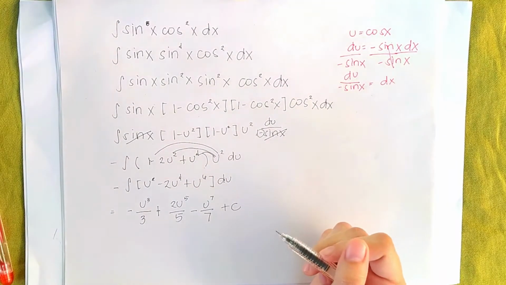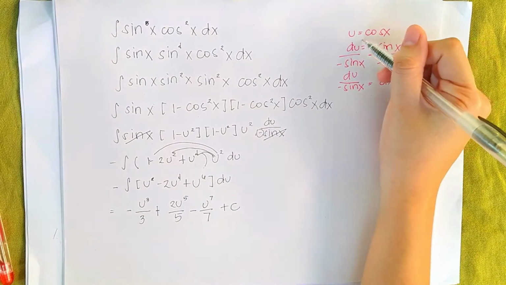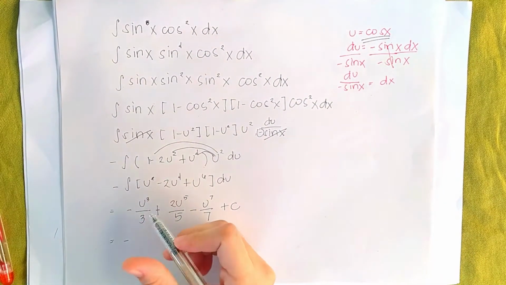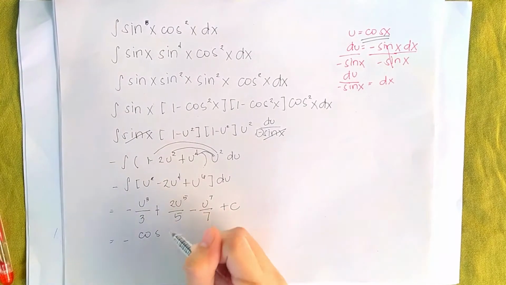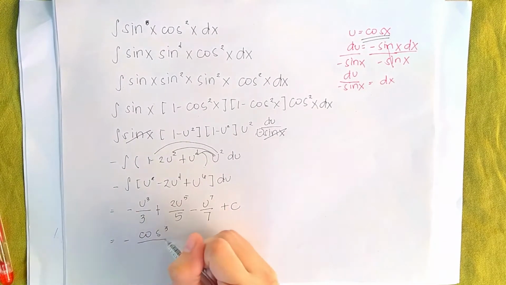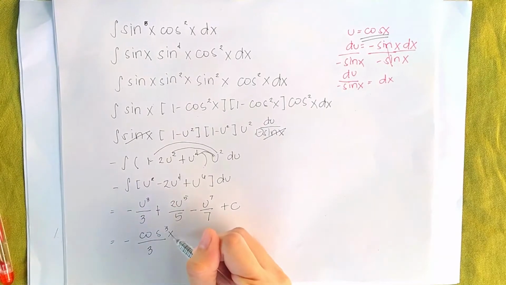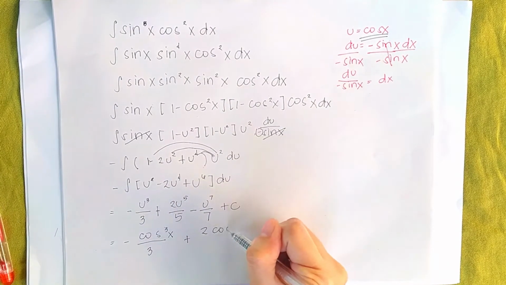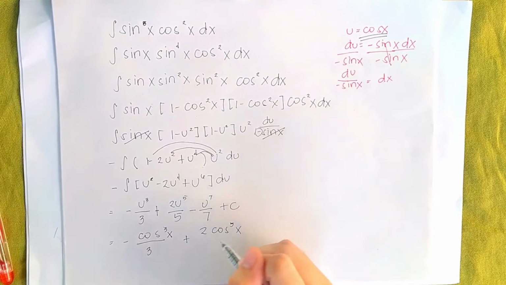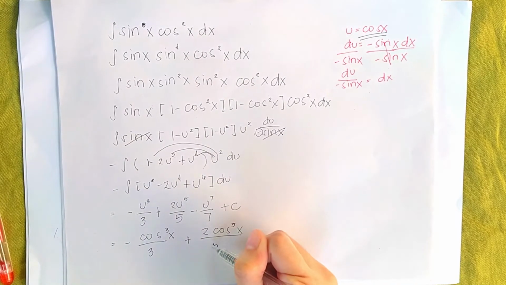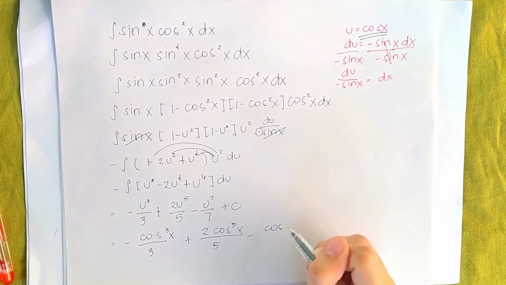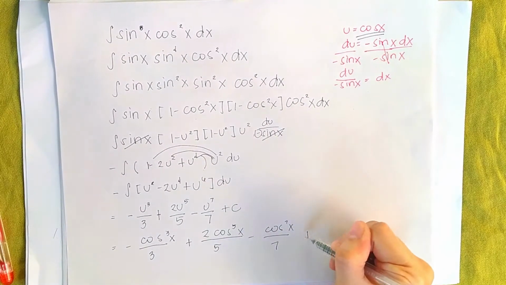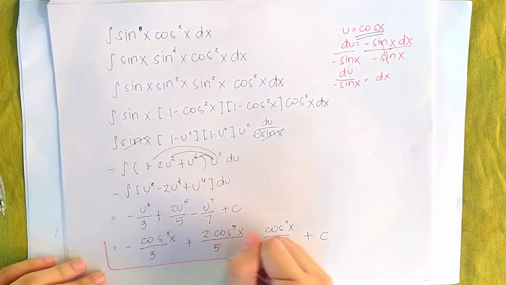So the last step is we substitute the value of u. So this will be negative cosine cube x over 3 plus 2 cosine raised to 5x over 5 minus cosine raised to 7x over 7 plus c. So this is our final answer.